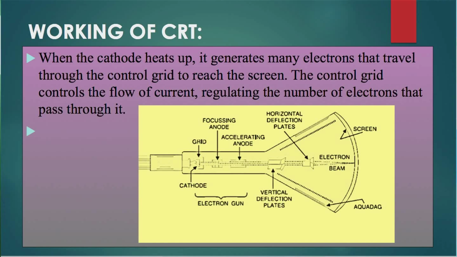So here in this diagram you can see the cathode from where the electron beam is generated, and it is then taken towards the phosphor screen through different components of the CRT like the focusing anode, accelerating anode, vertical deflection plates and horizontal deflection plates. So all these components act together to get the desired picture on the screen.